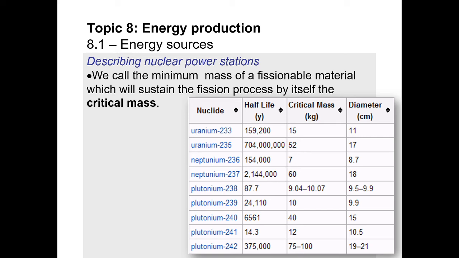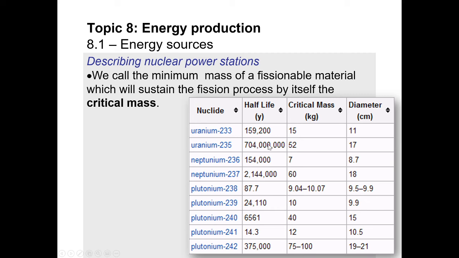Notice there's something here, the second column there, half-life. So from grade 11, we learned half-life is the amount of time required for half of the radioactive substance to decay into a stable form. Uranium-235, that's very, very long, 704 million years in order for half of it to decay to a stable form.